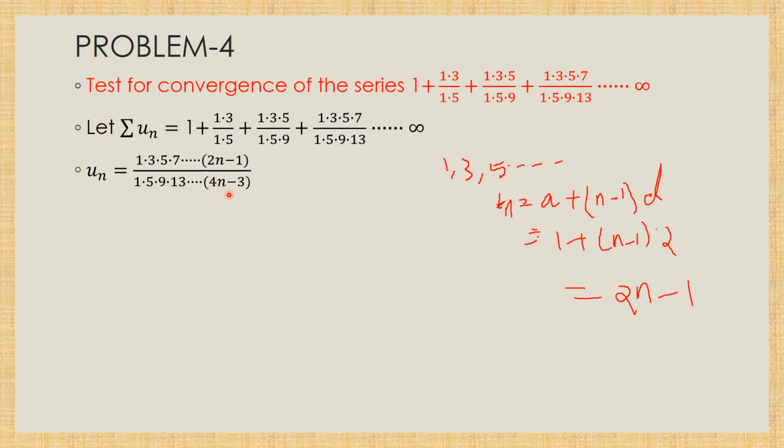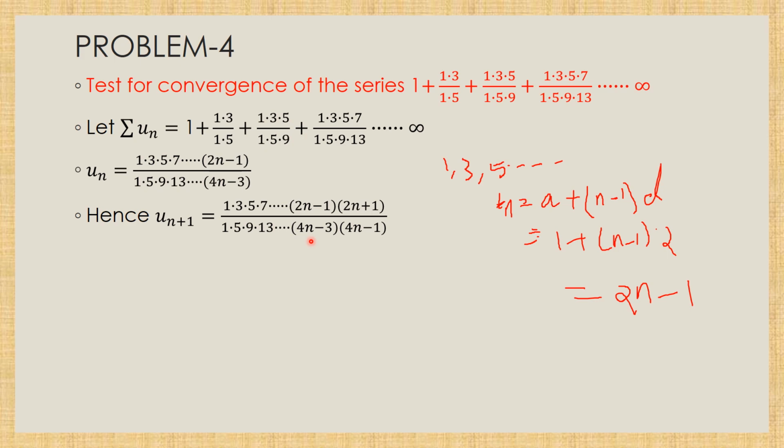Now similarly we write un plus 1, just replacing n by n plus 1. So we get the last term as 2n plus 1 in the numerator and 4n minus 1 in the denominator. The previous term should be 2n minus 1 in the numerator and 4n minus 3 in the denominator.